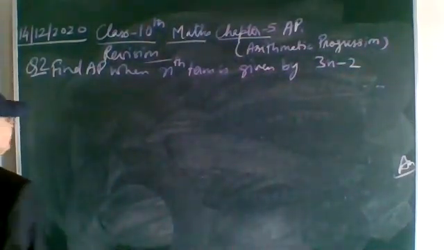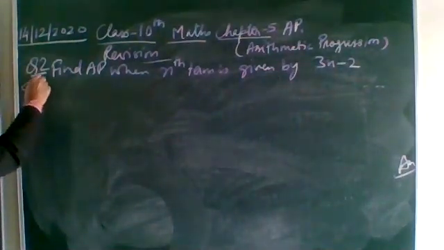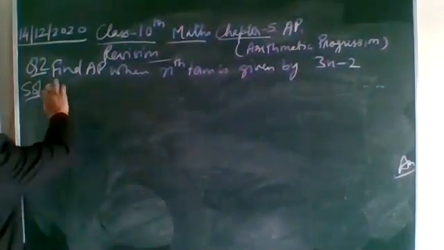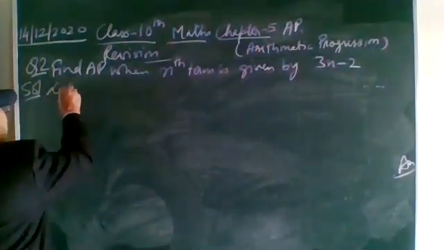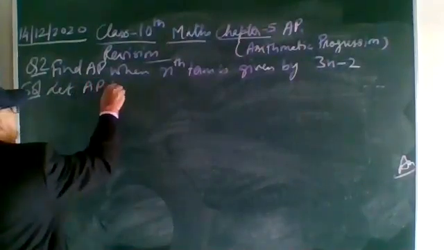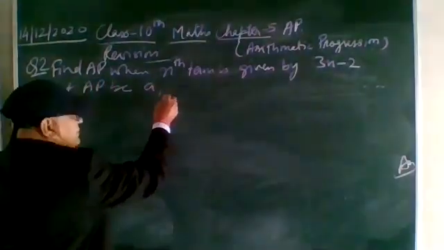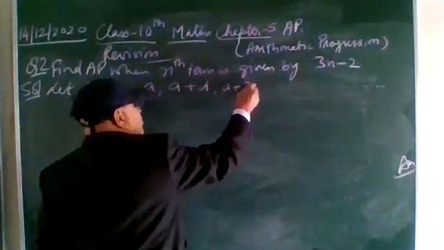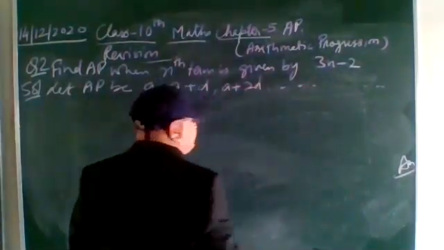Now again, the same simple question: here the nth term is given. Previously, in the previous question, what was given? The sum of n terms was given. So first what do you write? Find the AP, so you will write that the AP be a, a plus d, a plus 2d, and so on.